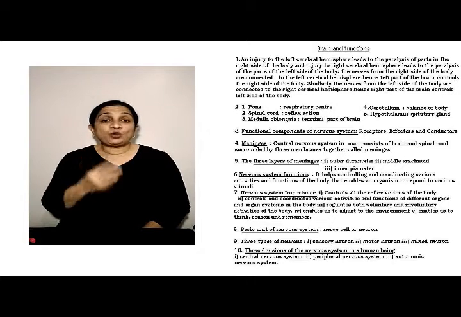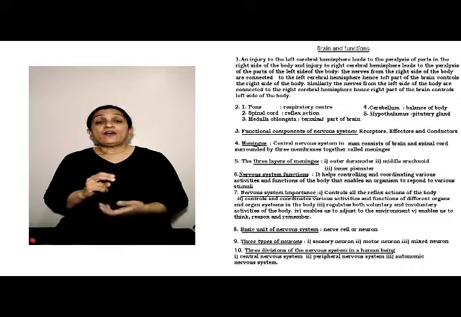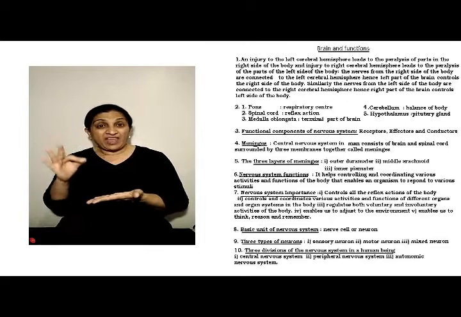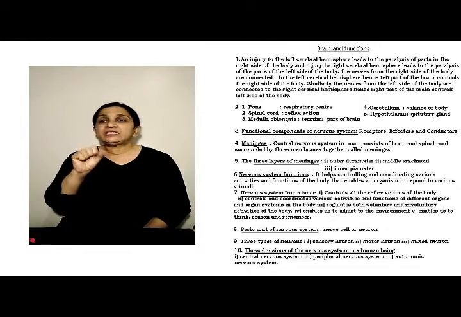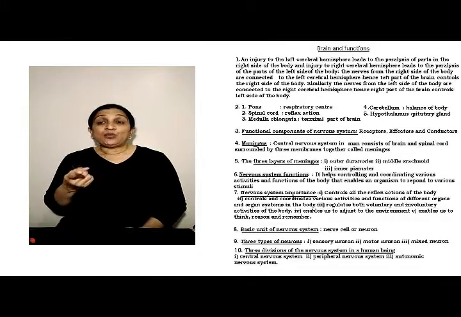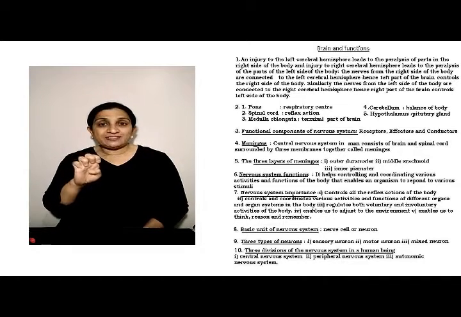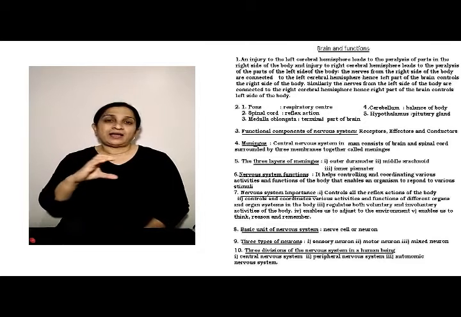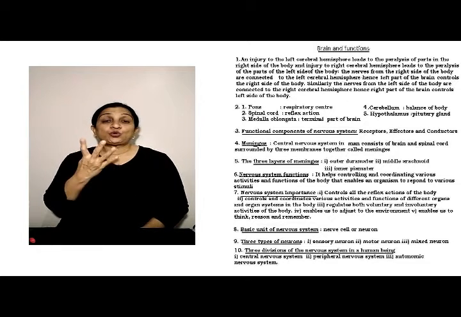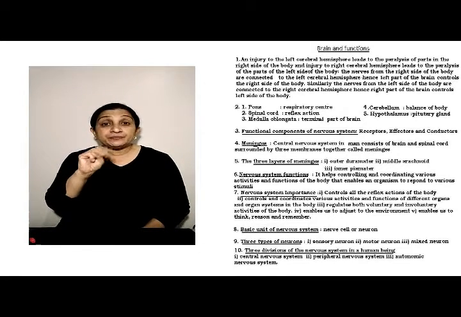Now you have the third question, that is the functions of the various parts of the nervous system. The functional parts are receptors, effectors and conductors. Fourth question, meninges.